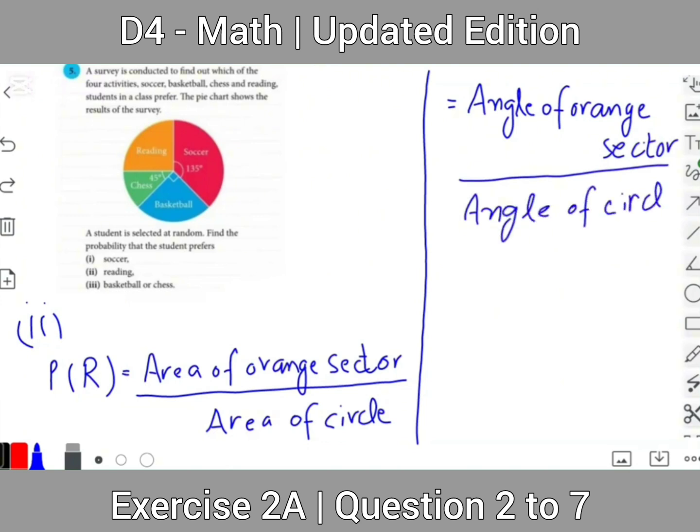Since we found the angle of the orange sector to be 90 degrees and the angle of the circle is equal to 360 degrees, the probability of R will be equal to 1 over 4 after simplification.